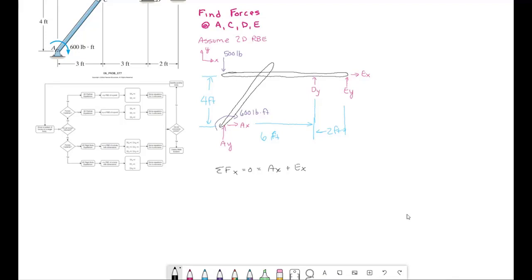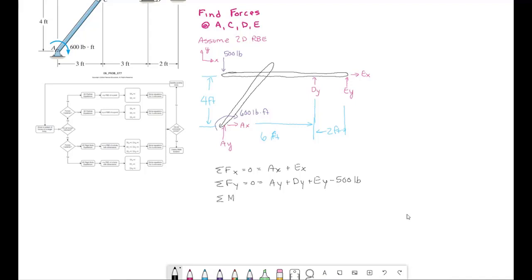That's one equation and two unknowns. Sum of forces in Y equals 0: AY plus DY plus EY minus 500 pounds. Okay, so now we're at two equations and 5 unknowns.